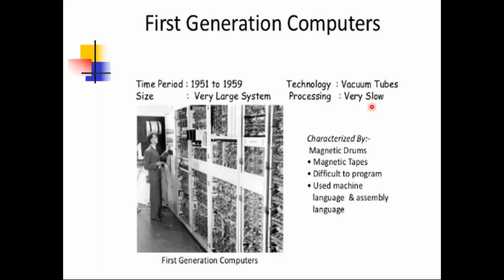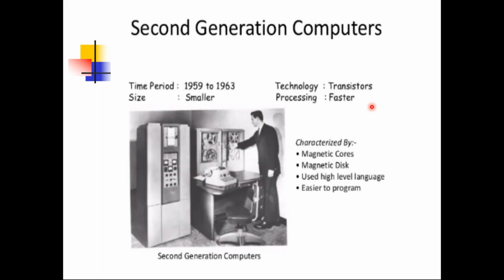Next, the second generation. The second generation is from 1959 to 1963, a span of 4 years. The technology used for developing these computers was transistors. They are somewhat smaller in size compared with the first generation systems, and they are faster, so the processing is faster.